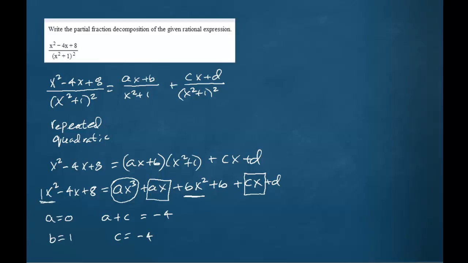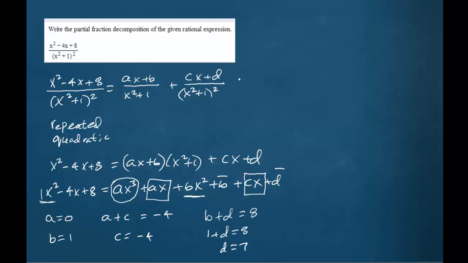Now we have two constant terms, b and d, and the only constant on the left is 8. So that tells us that b plus d must equal 8. But b is 1, so we can substitute that, and then we find that d is 7.